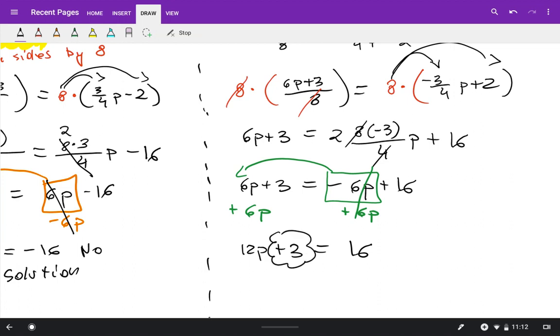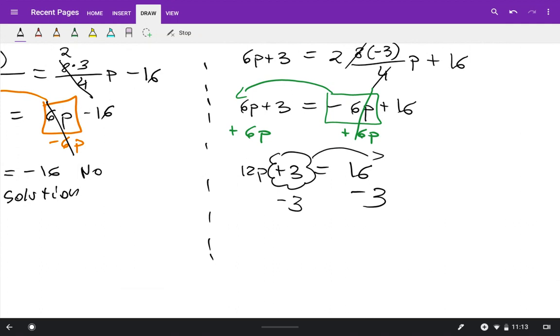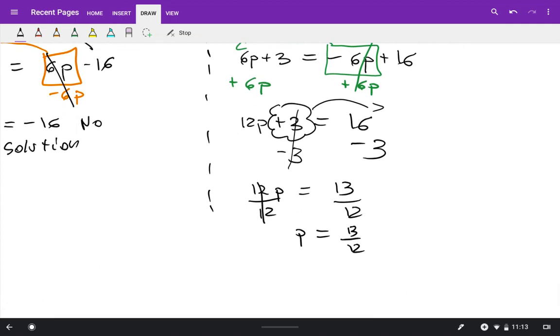Now the positive 3, we need to move it to the other side of the equation. When you're switching sides, you're always adding or subtracting opposites. So in this case, I'm subtracting 3. We end up with 12p equals 13, divide each side by 12, and that gives us p equals 13 over 12. So we only have one solution.